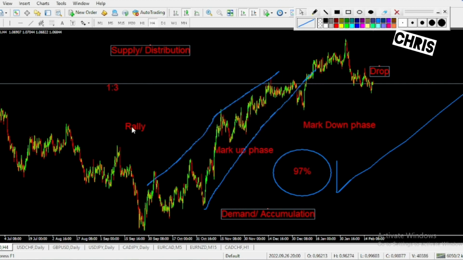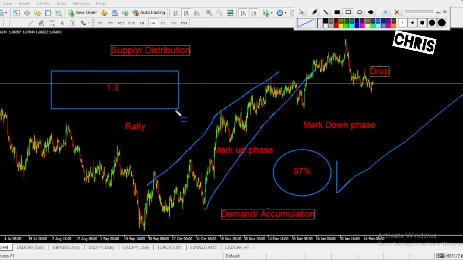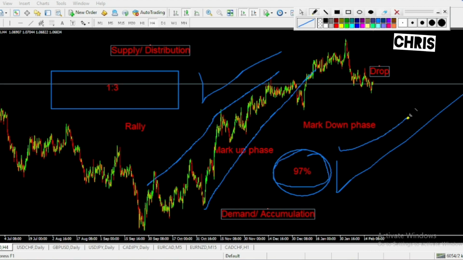Ensure that your profit to loss ratio is 1 to 3. So with that you will get a 97% win on the demand and supply strategy.